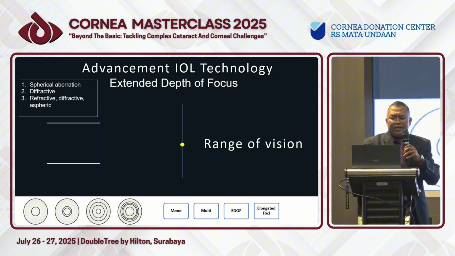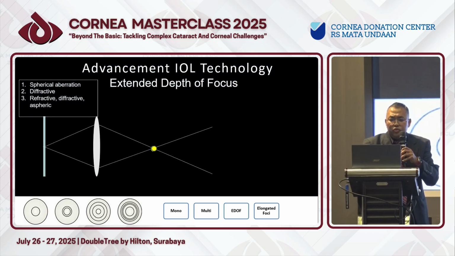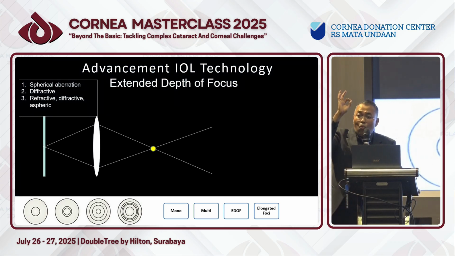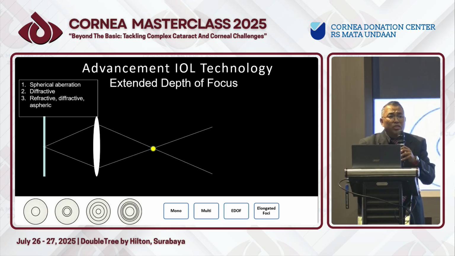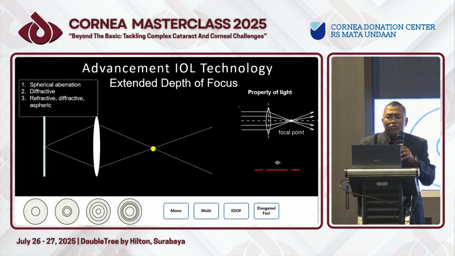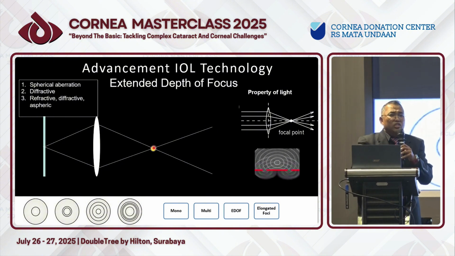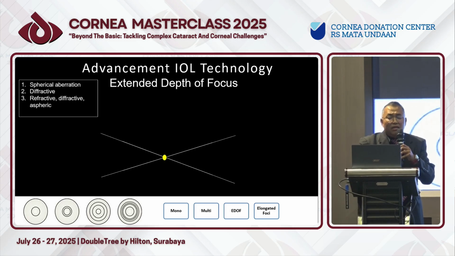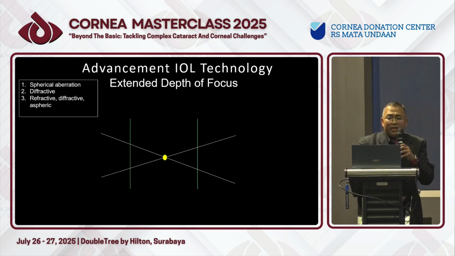That's why we go to extended depth of focus, because this one line that you have, we know now that your ability to see near and far, or your ability to see clear, is not this single focal length. It's not just one focus. You are able to see not only at that point, but a bit in front and a bit at the back from that line of focus.